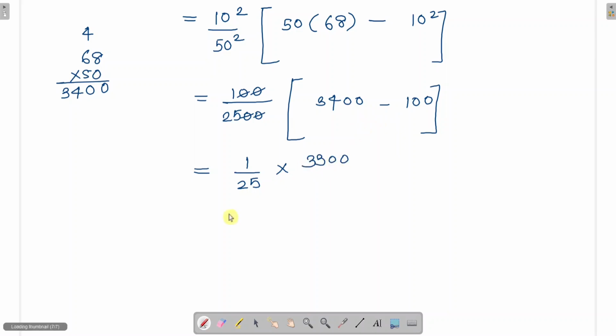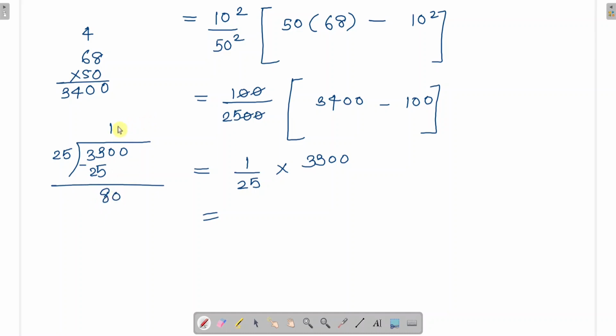Okay, now let us divide 3300 by 25, which gives 132. So the answer is 132 here.